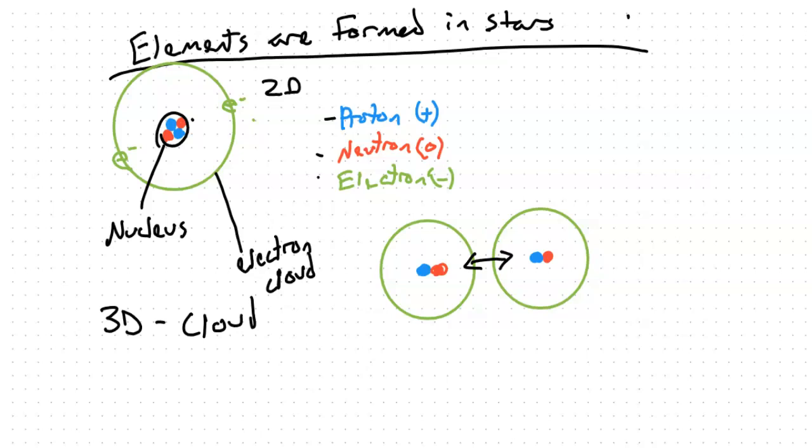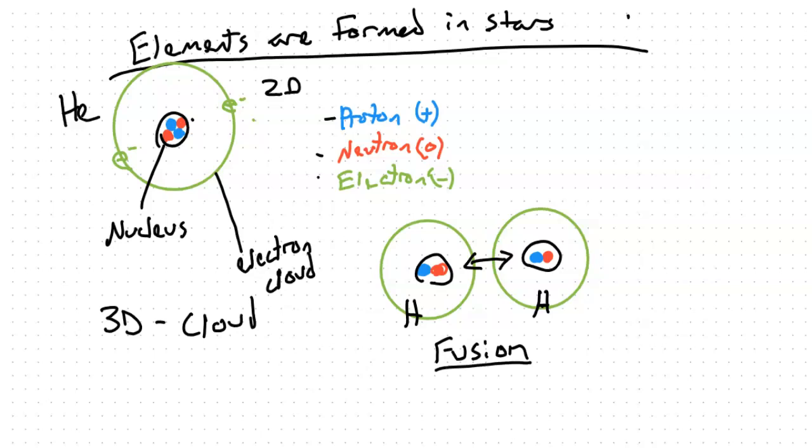Remember this one was helium. This one is hydrogen. And with all of that gravity in the sun, it pushes hydrogen nuclei so close together that they actually fuse. Aptly named fusion.